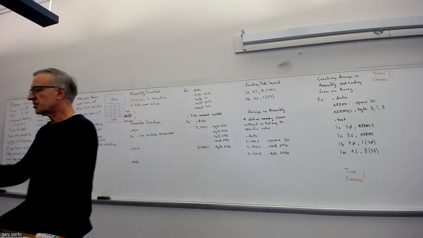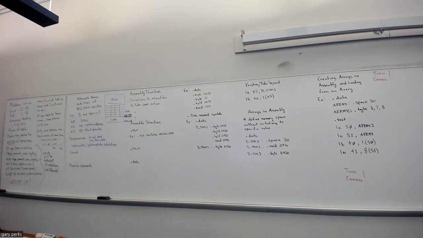So if you look on that handout, you look at the temporary. For example, T0, that's register 5, that's your first temporary register. Oh, I'm looking at the wrong table.